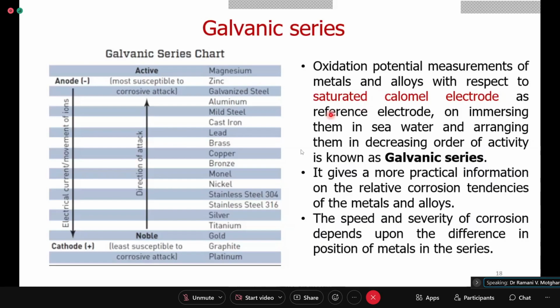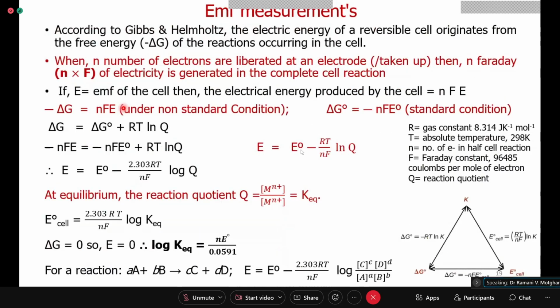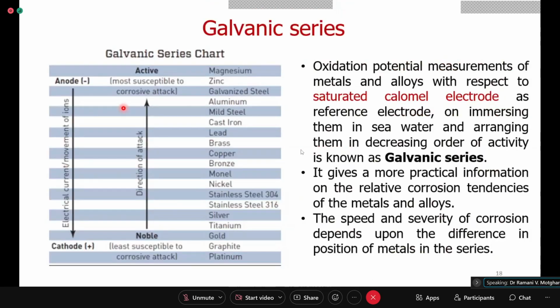But all electrochemistry people, and also electronics and electrical engineering students, need the knowledge of these electrochemical series, because when you are preparing certain chips and devices, you should know the redox potentials of these. Okay, so that is the galvanic series.